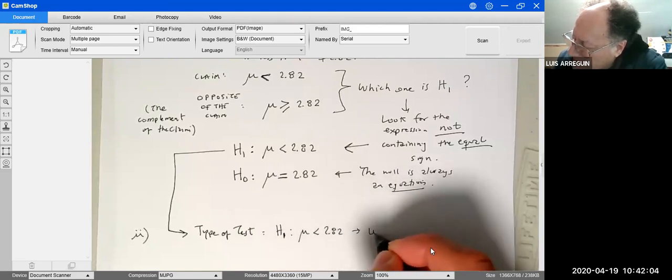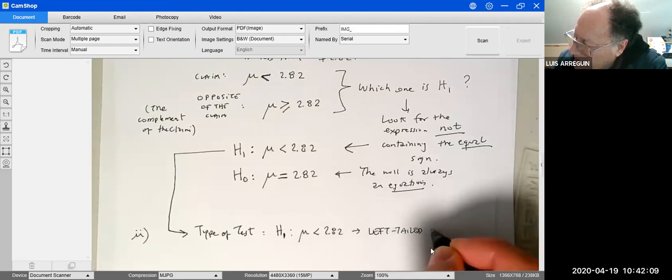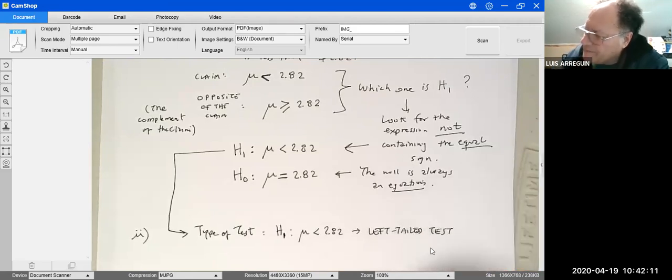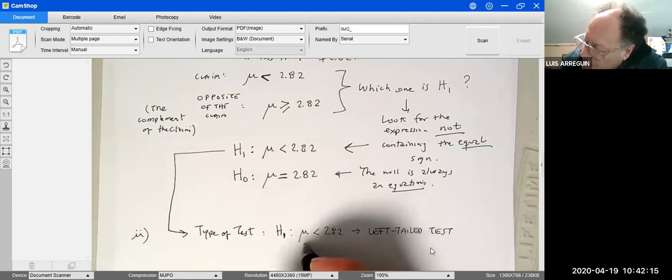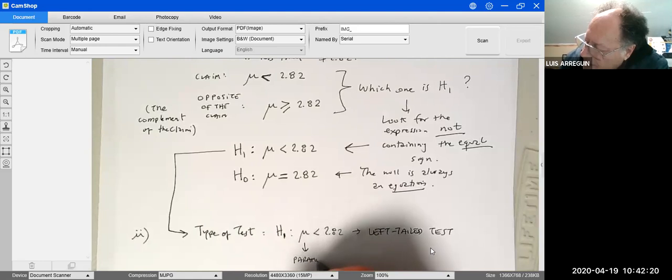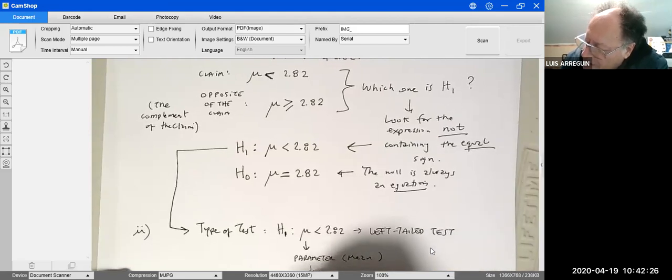So that means that this is a left tail. We're going to need a left tail test to make our decision. So this is a left tail test. Also, the parameter is the mean.